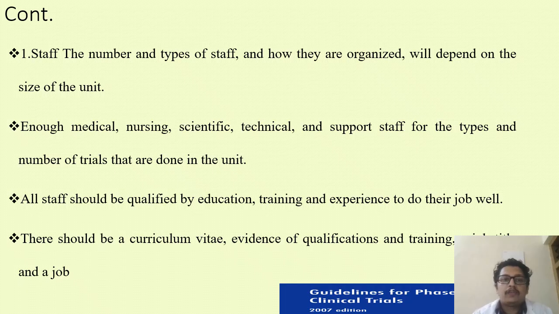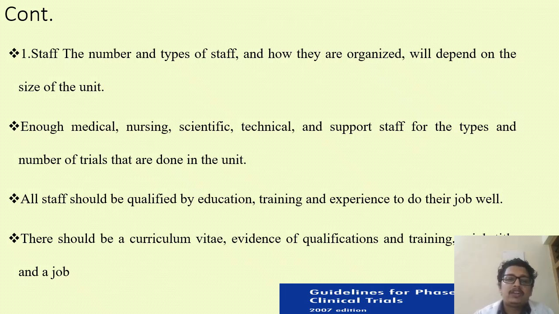Then the staff: the number and type of staff, and how they are organized, will depend upon the size of the unit and which type of CP unit it is, such as a cardiac or coronary unit, ICU, neuroclinical research unit, oncoclinical research unit, immunological clinical research unit, or new drug trial unit. That depends upon the unit.